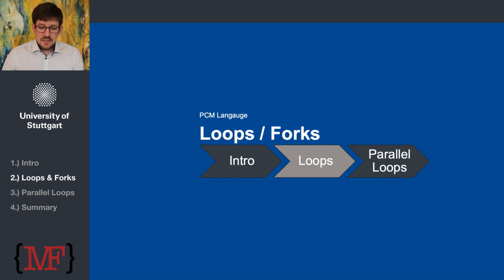Okay, next we will have a look at two already specified language concepts of the Palladio component model, loops and forks. Due to the limitation of time, I will not explain the foundations of hierarchical queuing Petri nets here, nor will I explain the foundations of the PCM here. For this, I refer to the paper or to the links provided below.